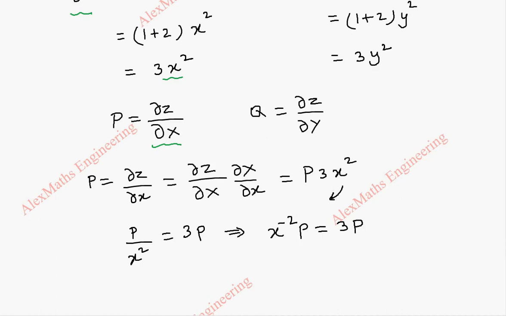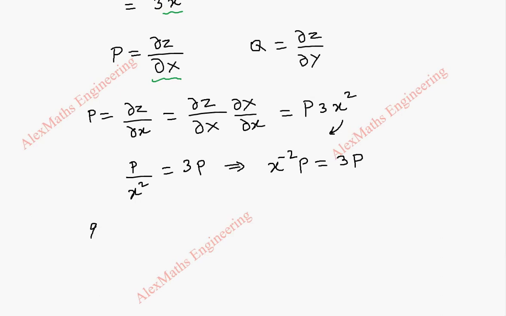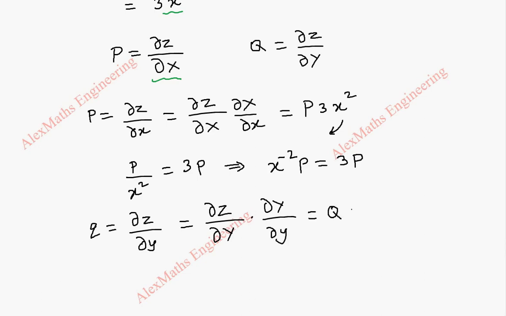In the same way, we are going to take small q, which is dou z by dou small y, and again that is rewritten as dou z by dou capital Y into dou capital Y by dou small y, and this is our capital Q and this is our 3y square.